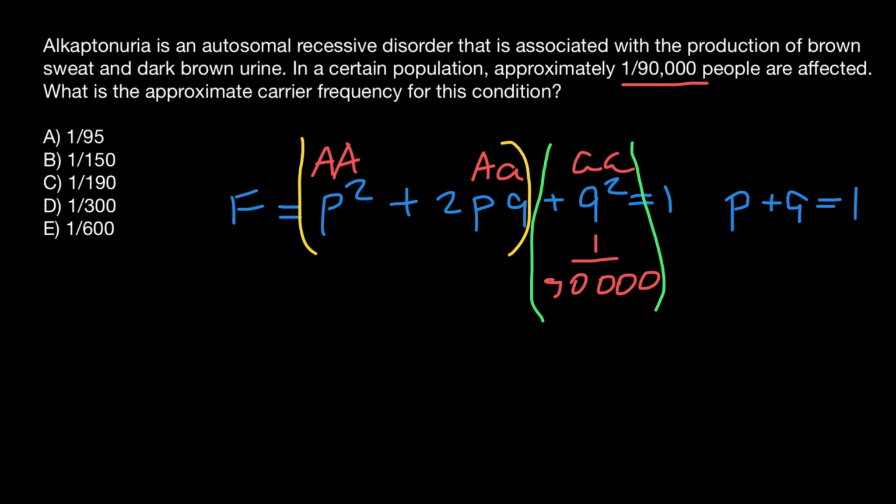If we can find the frequency of the dominant allele and the recessive allele in this population, we will be able to solve this problem. Take a look. The homozygous recessive genotype, q squared, or aa, has a frequency of 1 out of 90,000.